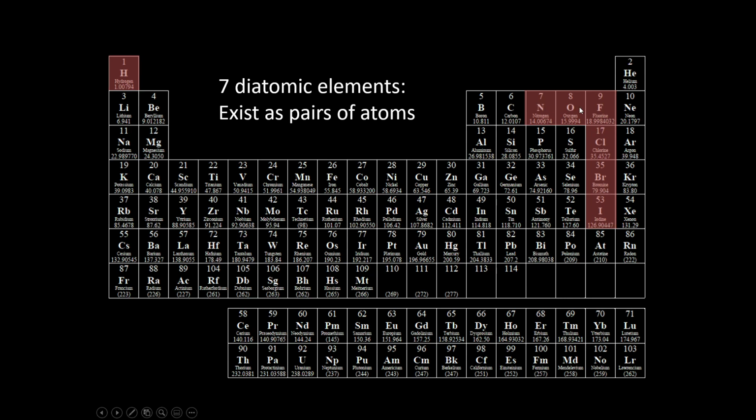That would be, again, a nice, easy question for me. Just name the 7 diatomic elements, and I give you 7 different spots to fill something in. So make sure you know those 7. Again, we have hydrogen here, that is 1. And then starting with nitrogen, go over to fluorine, and then down to iodine. Those are your 7.